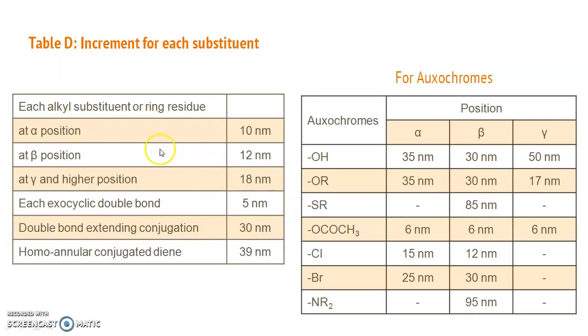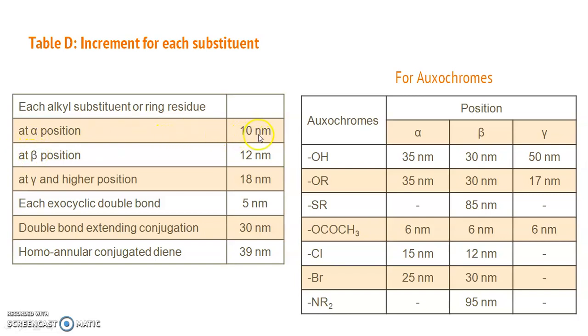Coming to the increments, that is with respect to the table D, which we have here. For each alkyl substituent or ring residue, if it is at alpha position, we assign 10 nanometer. Alpha position means it is on the alpha carbon atom involved in the double bond.